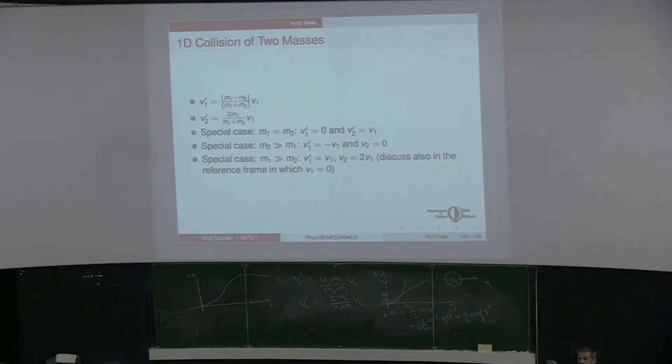We have also experienced when the target is really heavy: you throw a ball at the wall and the wall doesn't move at all. Or if you hit a very heavy object, it will not move, you will just bounce back. But this case we don't really have much experience with, and we don't really measure the velocity of very small objects that we hit. But we can interpret this in terms of the first special case.